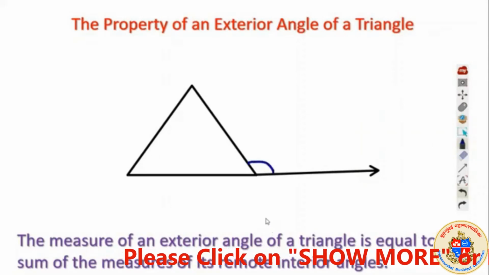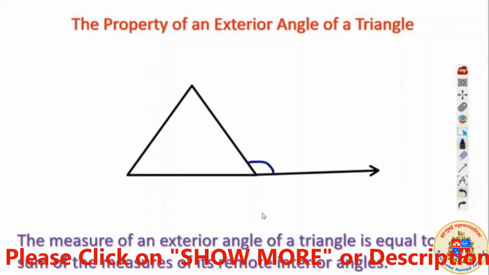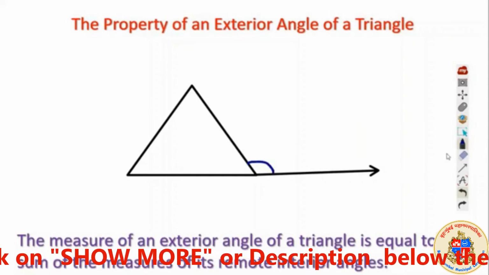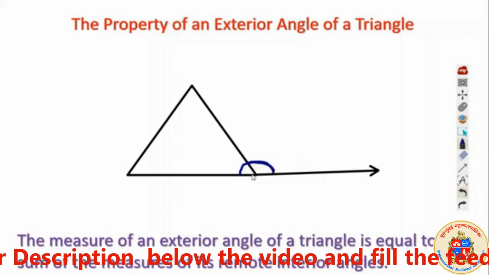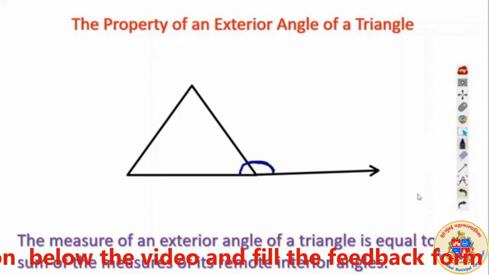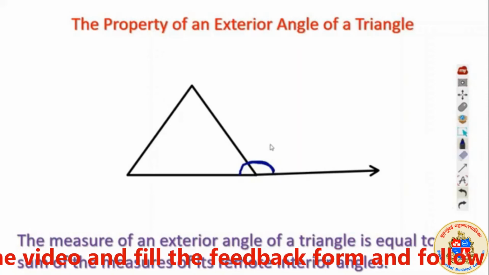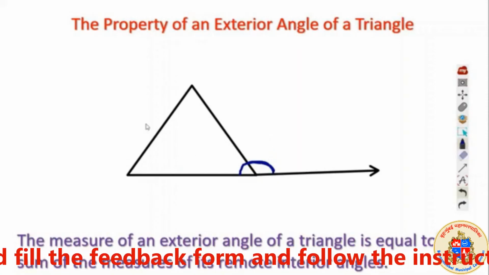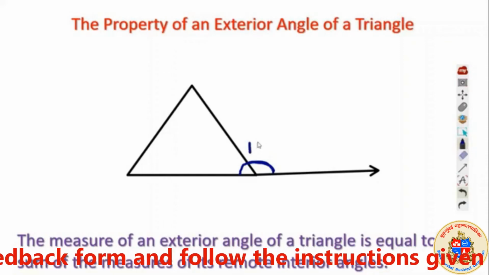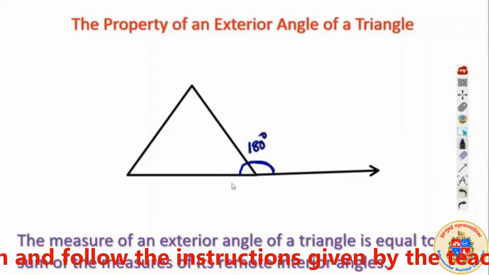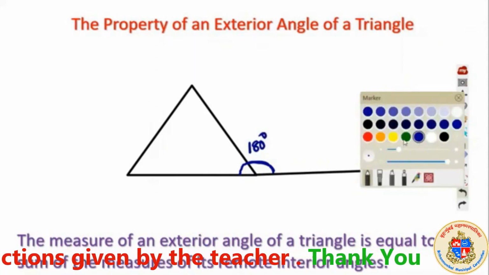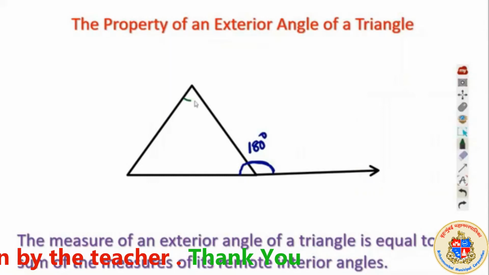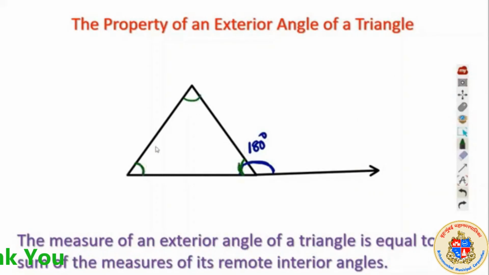The property over here, what we are trying to understand, is that we know that the total measure of this angle, which we studied as a linear pair, will be equal to 180 degrees, right? And we also know that the sum of the measures of interior angles of a triangle is also 180.